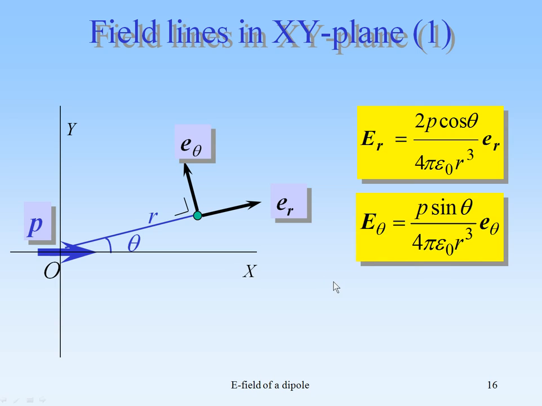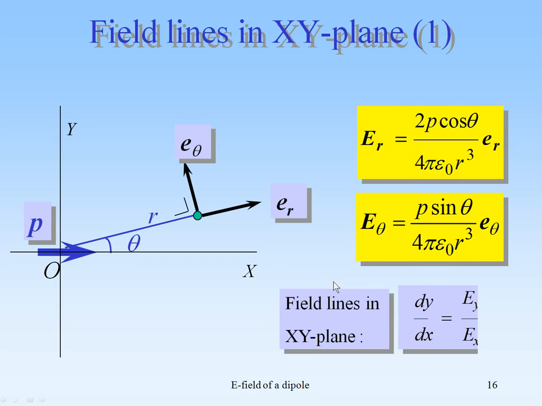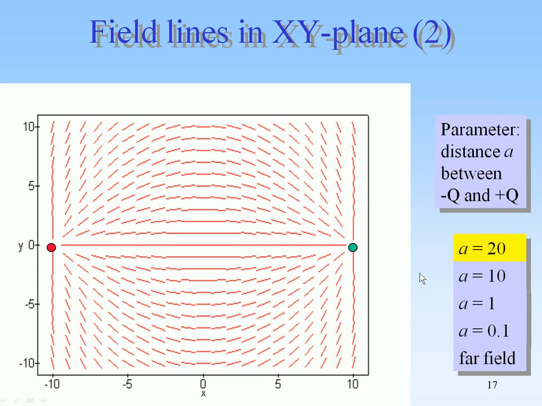So here are the field lines in the xy plane. It's given by dy over dx is Ey over Ex. And then we can calculate the direction of the field lines in between minus q and plus q. This is not in far field approximation, of course. For a is 20, and the distance a is the parameter between minus q and plus q.